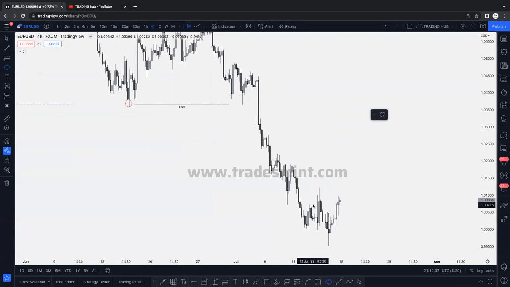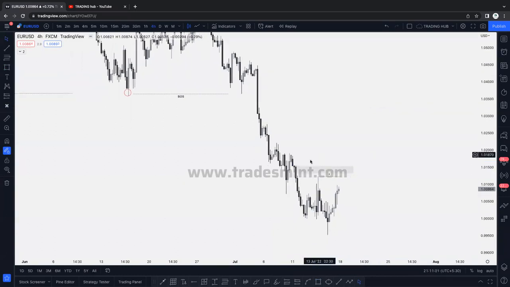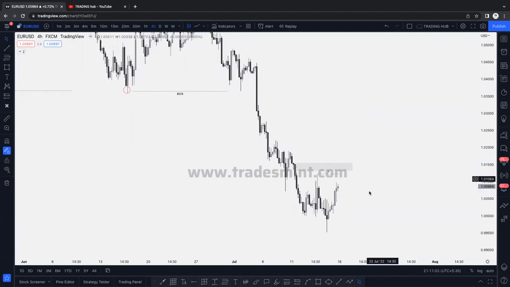At this point, a single leg breaks the structure, and price must take out this high before the sell. And this one is our inducement. Okay, and sell above this high, possibly here, like this.